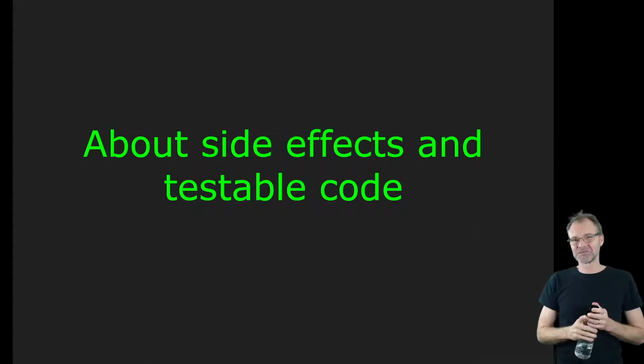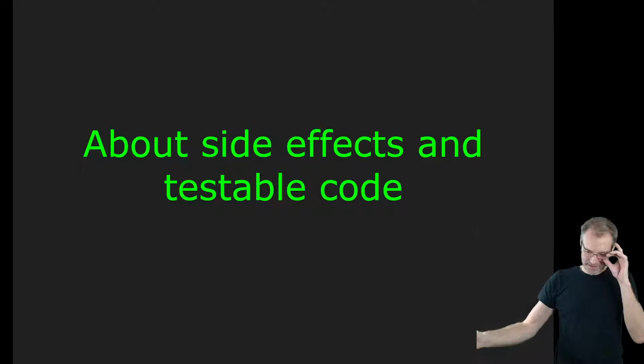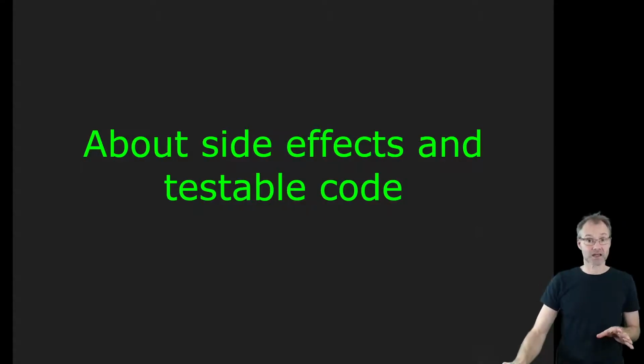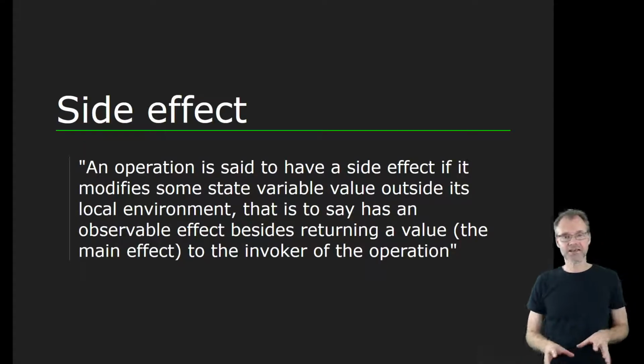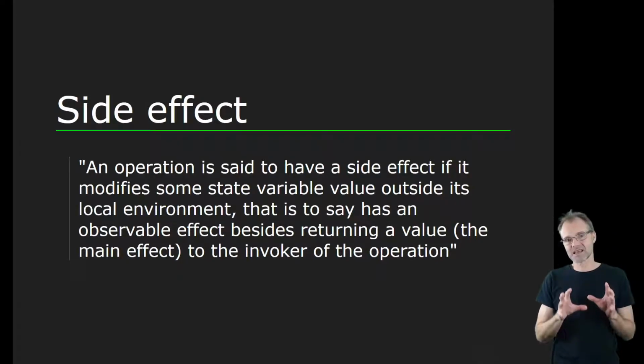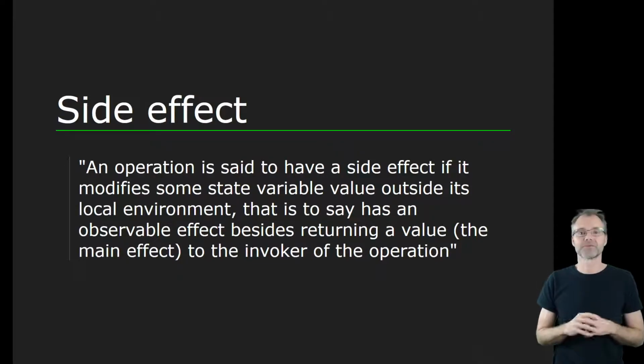Let's talk a bit about testable code and how we could think about writing our code to make it more testable. And this part is about side effects. A side effect is some kind of operation. Let's say that you call a function, and this function changes the value of a global variable.